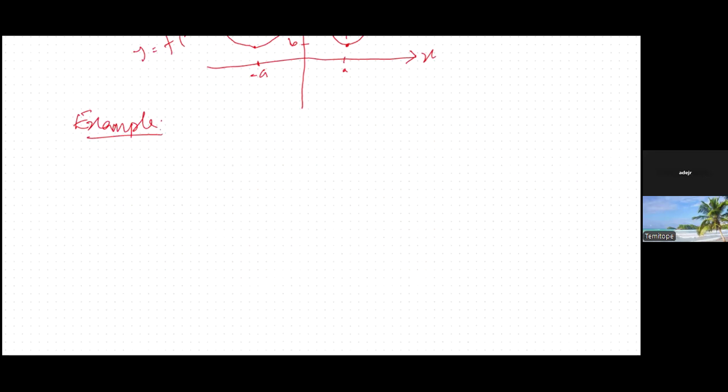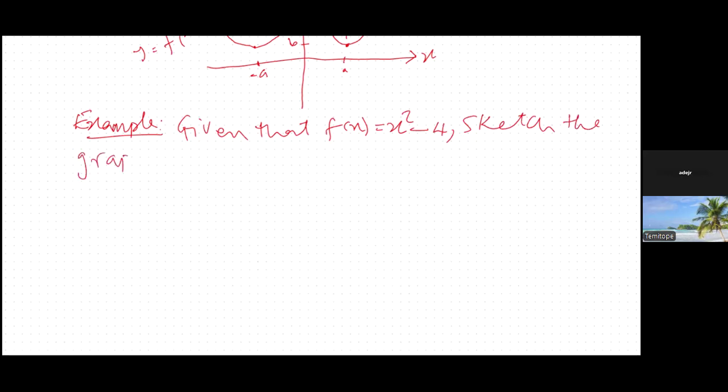The question says, given that f of x equals x squared minus 4, sketch the graphs of A, y equals minus f of x, B, y equals f of minus x.